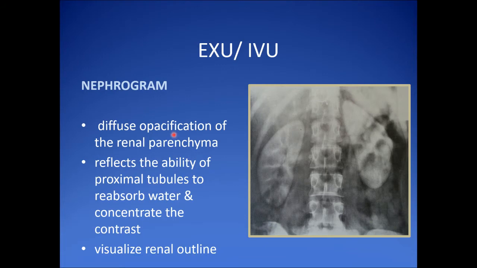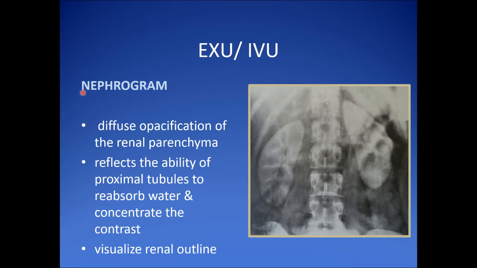So there are several phases of this intravenous urogram. But before we inject the contrast material, we should get the preliminary or the plain graph. Then after injecting the contrast, within 1 to 2 minutes, we get another film. This is now the nephrogram phase.